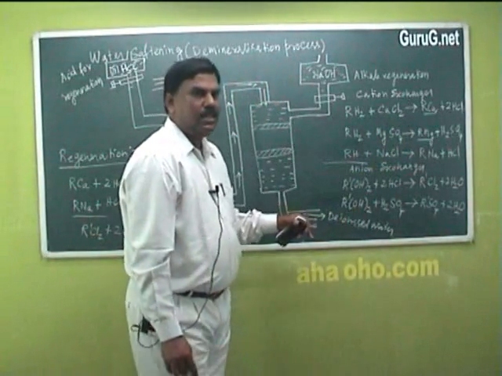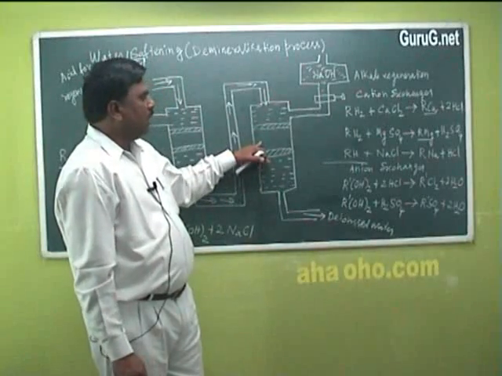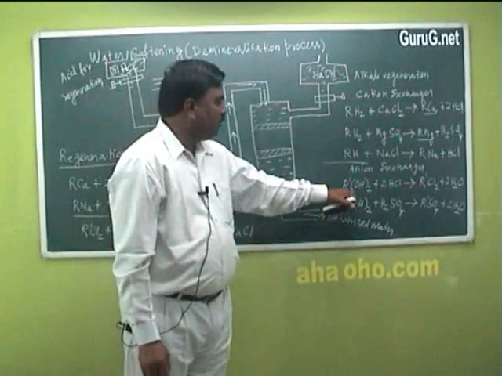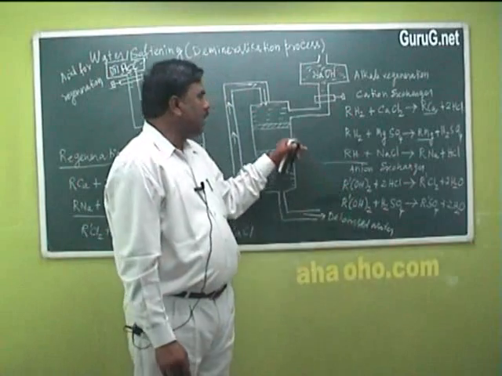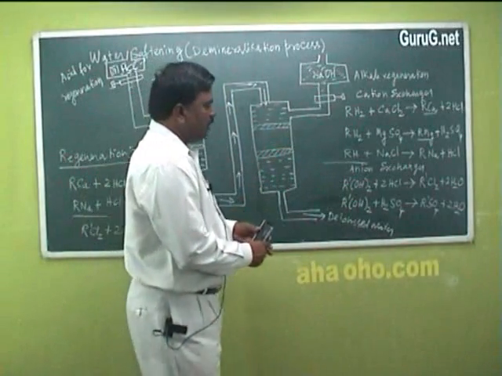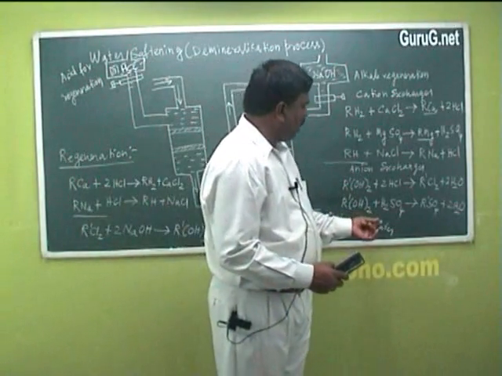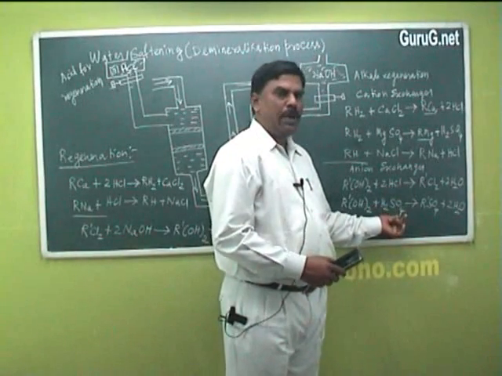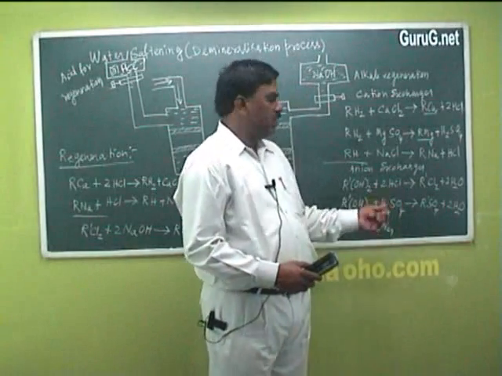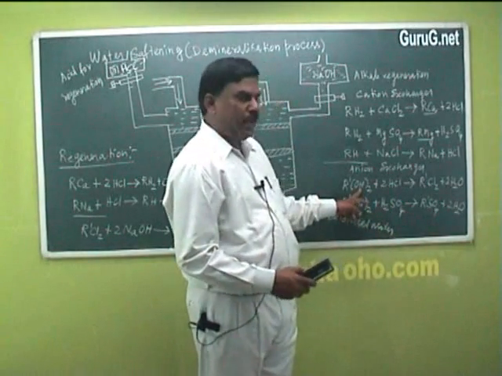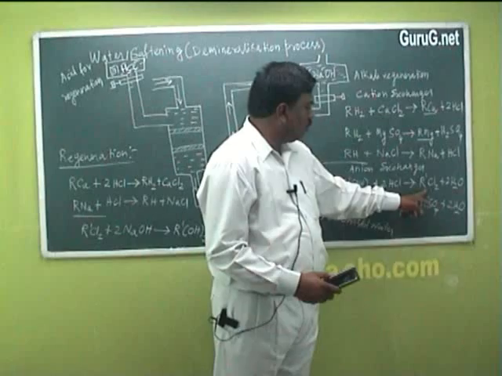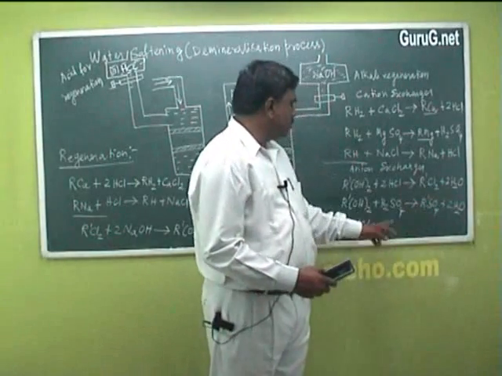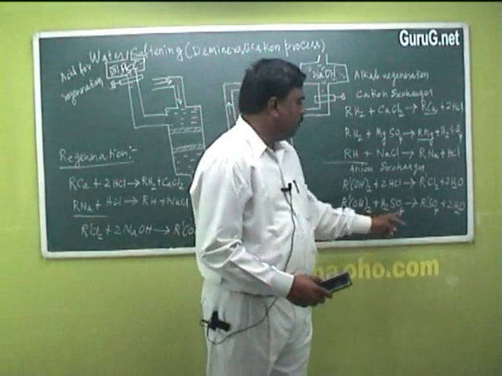In the same way, the anion exchanger has the OH functional group. The water has anions, that is chloride Cl minus and sulfate SO4 2 minus ions, which are replaced with OH minus, giving RCl2 plus water, and likewise RSO4 plus water.